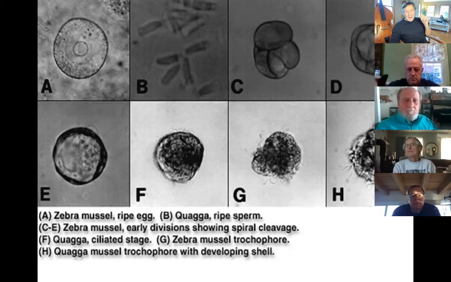Okay? Now, what the heck's going on with a zebra mussel that came across the ocean in a Baltic trader in the bilge water? Because that's how they got there.